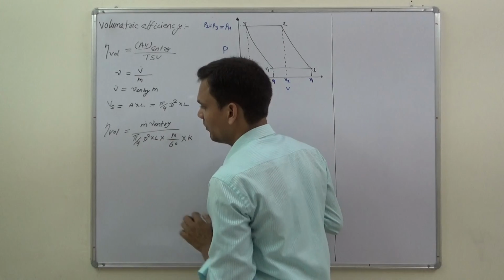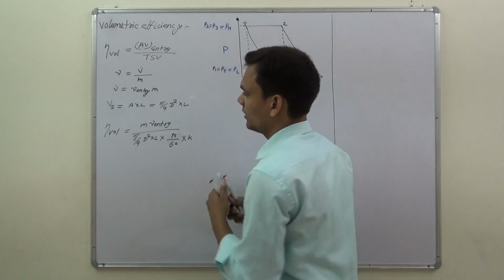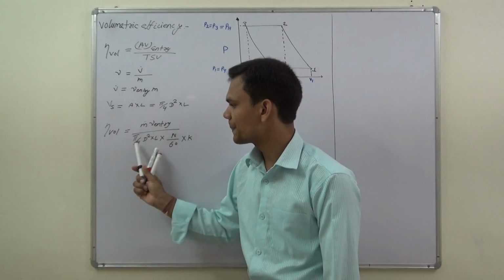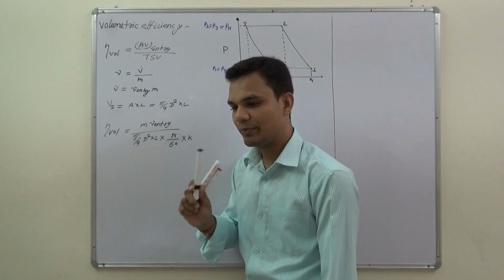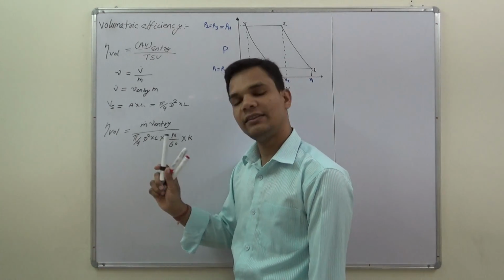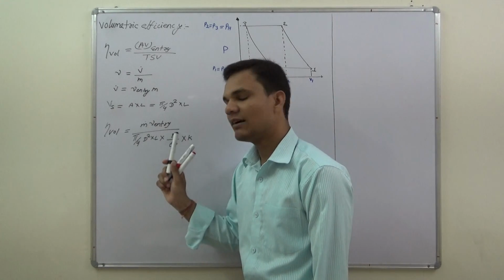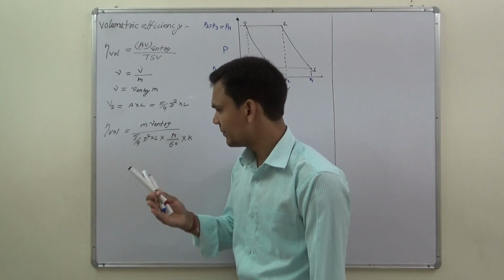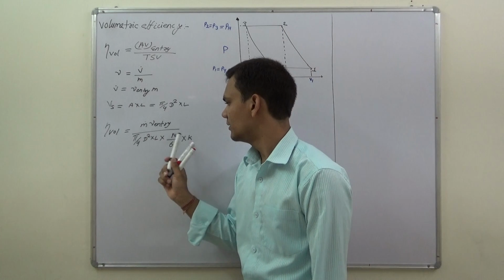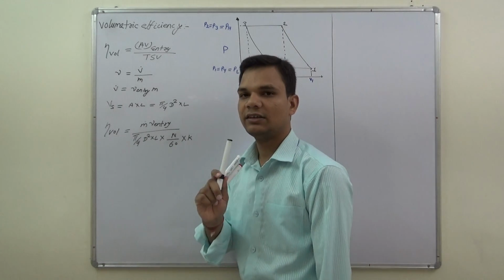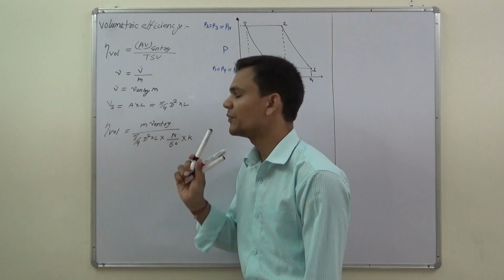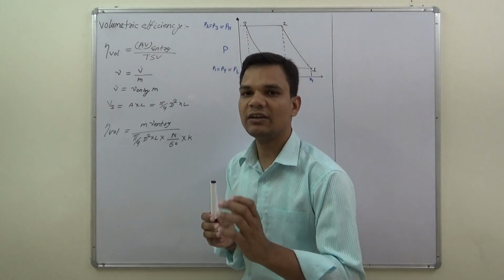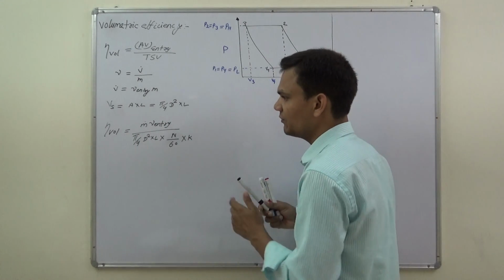So this is the complete formula of the volumetric efficiency, where m is mass flow rate, v is volume at the entry, d is diameter which is in meter, length is also in meter, n is number of rpm, and k is showing number of cylinders, 1, 2, 3, whichever number of cylinders we are using. This is one formula of the volumetric efficiency.